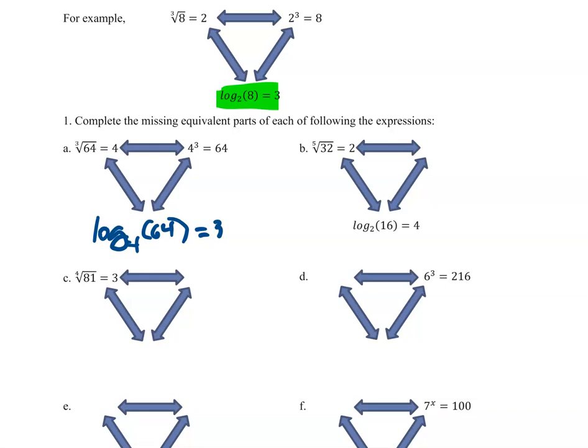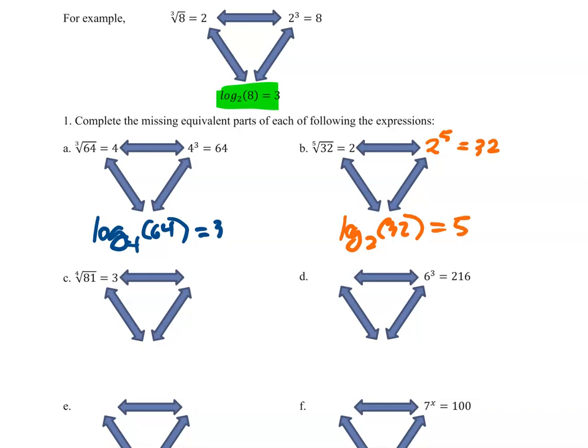Letter B, the fifth root of 32 is equal to 2. Then we can rewrite this as 2 to the 5th is equal to 32. And in logarithmic form, this is going to be log base 2 of 32 is equal to 5.